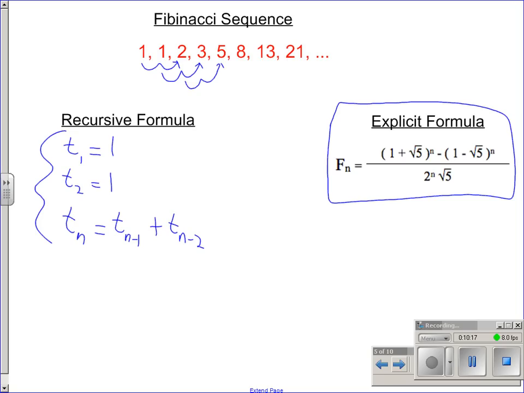If we're looking for the third term, t sub 3, we add the second term to the first term. Okay? Very clean, very simple as a recursive formula, nasty and ugly as an explicit formula. But this is the idea of sequences. Now, we'll talk about some different types of sequences in the upcoming sections, but this is it for now.